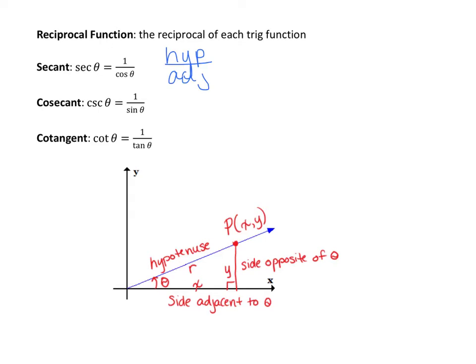Cosecant is 1 over sine, so if sine was opposite over hypotenuse, cosecant is hypotenuse over the opposite side. And finally, cotangent is 1 over tangent. So if tangent was opposite over adjacent, cotangent is adjacent over opposite.